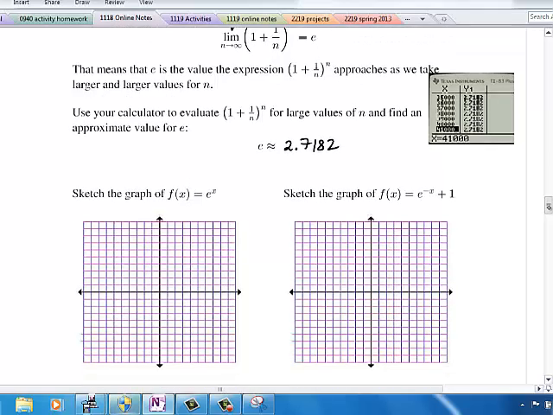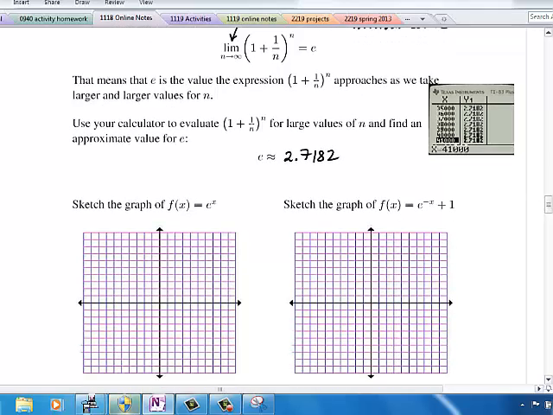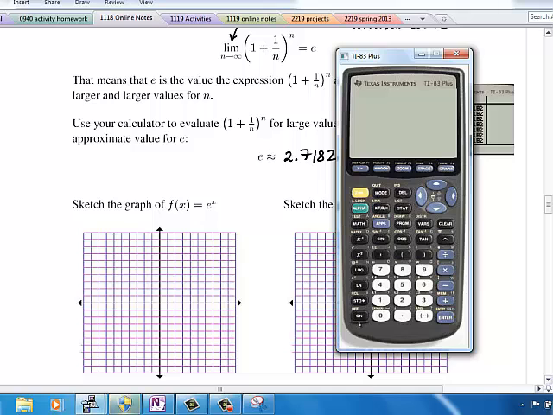If you grab your calculator again, you'll notice that there is an e button on your calculator above the division symbol if you have a TI-83 or 84. So if you do second and then the division symbol and hit enter, you'll get a slightly better approximation that looks like it might almost repeat, but it actually doesn't continue that pattern.